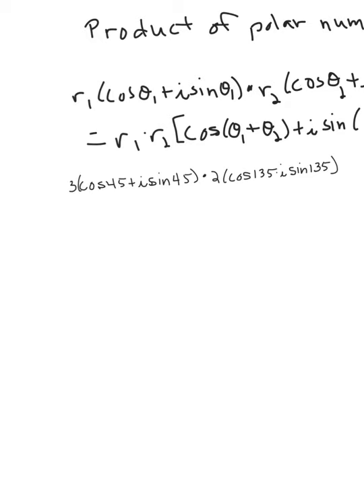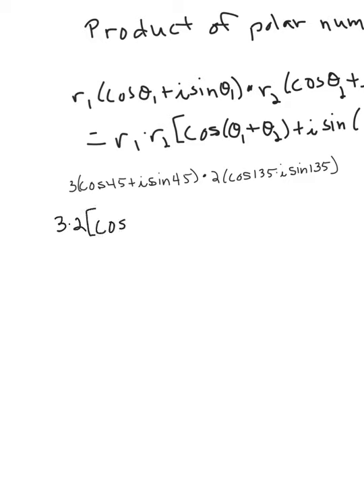Our first example of this, we are going to take 3 times the cosine of 45 plus I sine of 45 times 2 cosine of 135 plus I sine of 135. So in order to do this multiplication, we take the two r's times each other, 3 times 2.